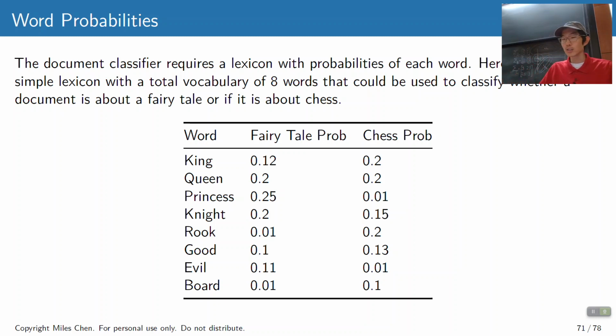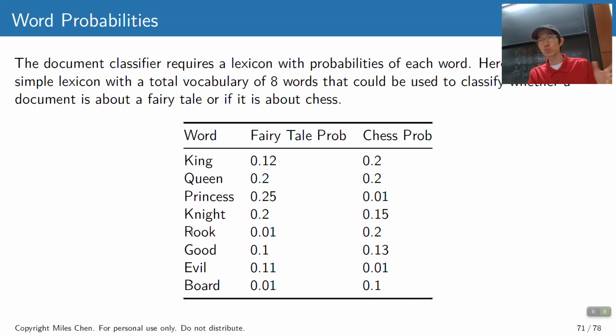Okay, and so here again, we're just limiting ourselves to this tiny vocabulary of 8 words, and we're going to say if it's about a fairy tale, you might have the words king and queen, or princess, right? And princess frequently shows up in fairy tales, so we'll say these are your word probabilities, and you might have a knight in your fairy tale.